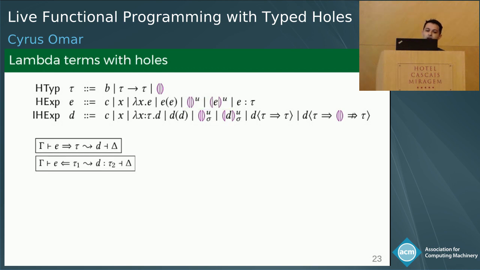And then the semantics are defined by a pair of bidirectionally typed elaboration judgments that produce an internal term, D, and I'll talk about what's different between the external terms E and the internal terms D. There are two judgments.